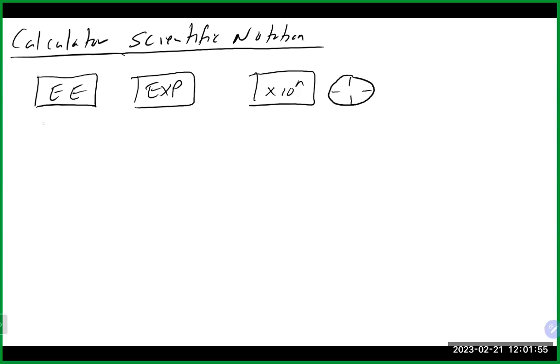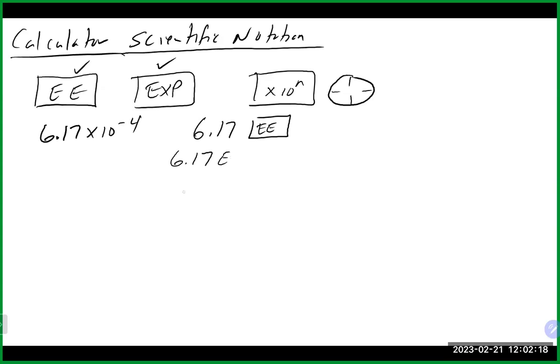So for example, if I wanted to do 6.17 times 10 to the minus 4 and punch that into my calculator correctly, I would enter 6.17. I would hit my exponent button. On a lot of people's calculators, if you hit that button, it will do one of these two things.